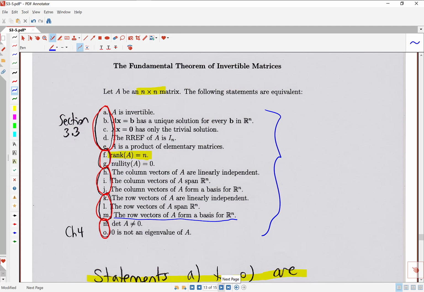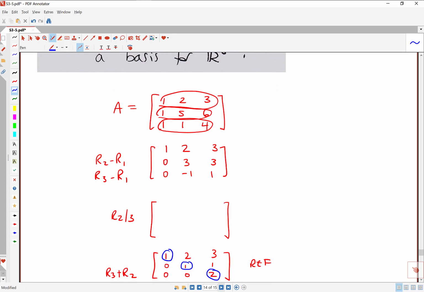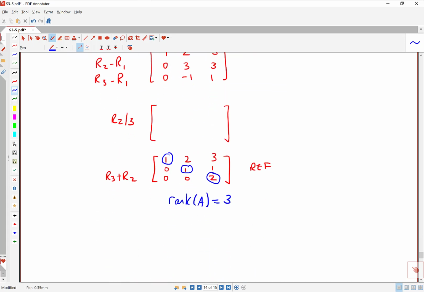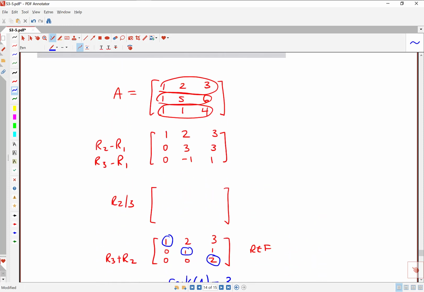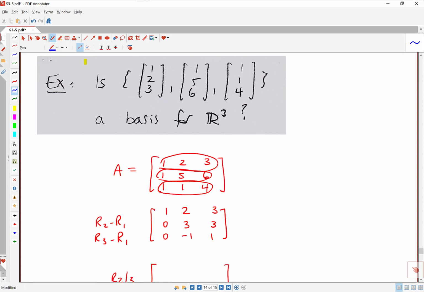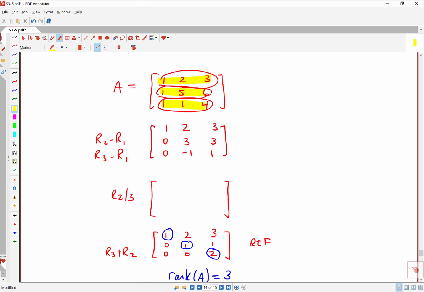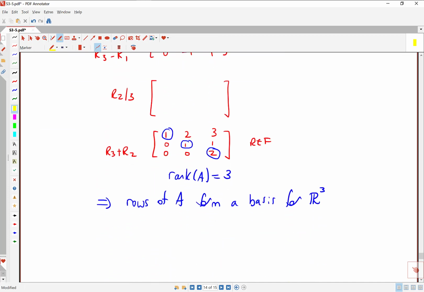So let's go back to our example and just write down the details. Because the rank of A is equal to 3, that implies that the rows of A form a basis for R3. So let's look back at the question just to be sure that we are answering it. The question is: is this set of 3 vectors a basis for R3? So we put those 3 vectors into the rows, and we decided that yes, these rows do form a basis for R3. So the answer to the question is yes.